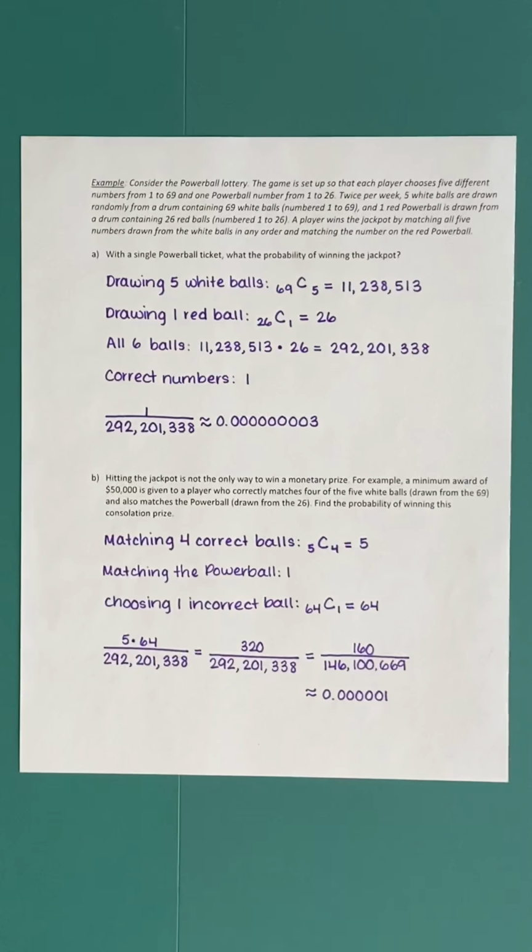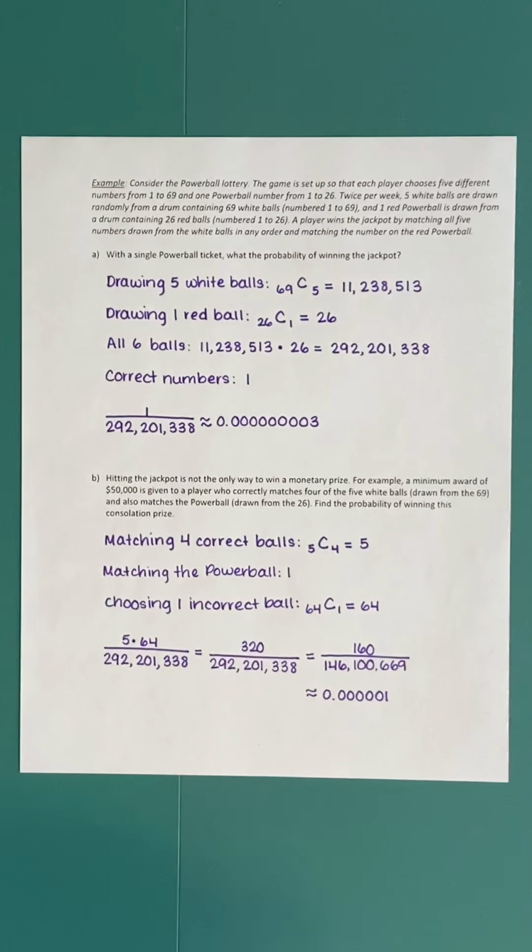They chose 5 balls. Well, how do we know we have one that's incorrect? We know we have one that's incorrect if it's representative of one of the numbers that's still in the bin. The numbers that are correct have now been drawn out. The numbers that are incorrect are the ones that are still in the bin. It's the white balls that haven't been drawn. So the incorrect numbers are the ones that are still in the bin.